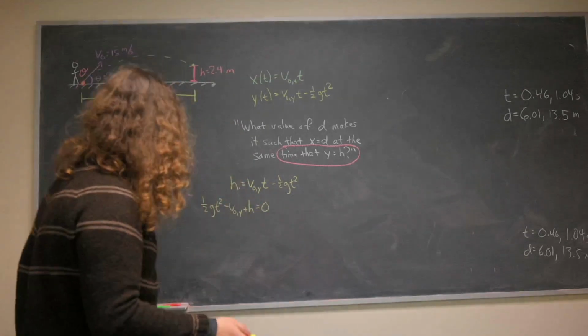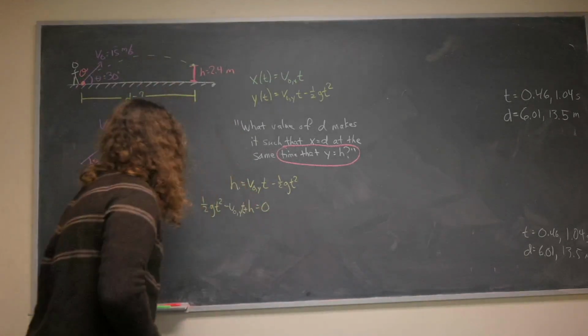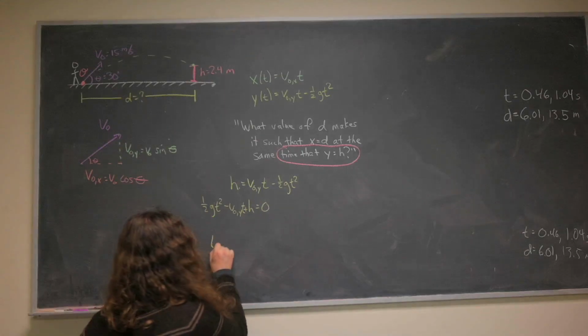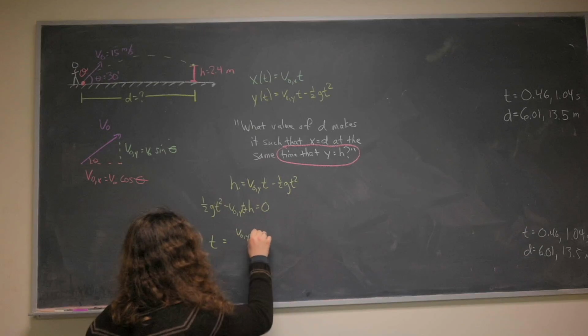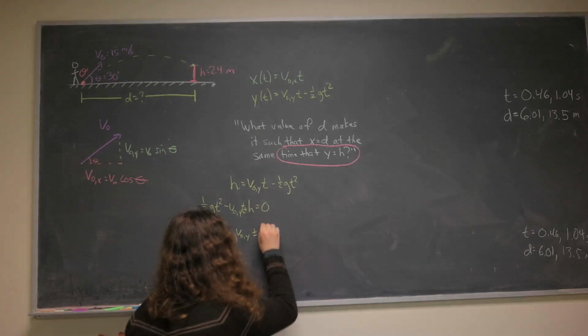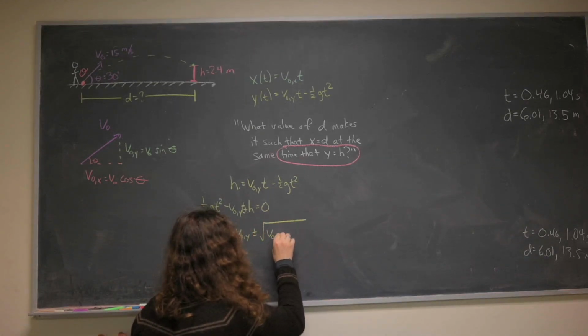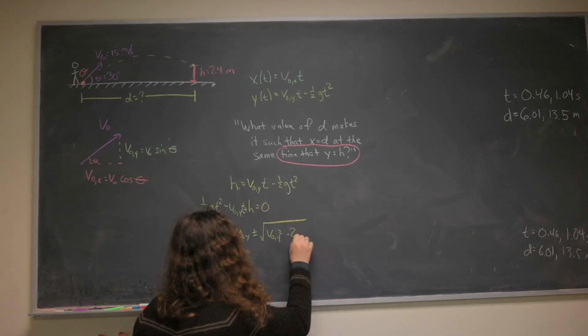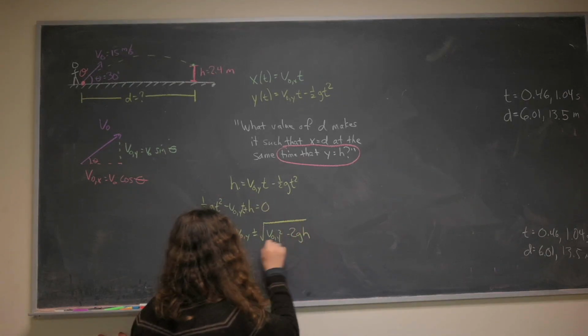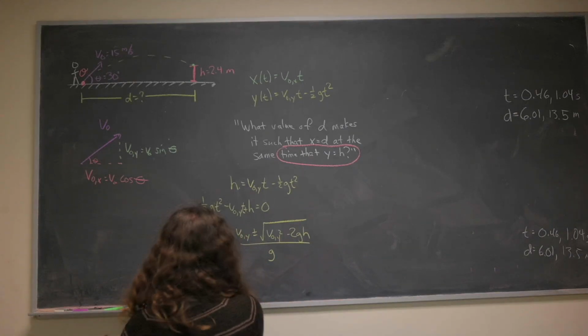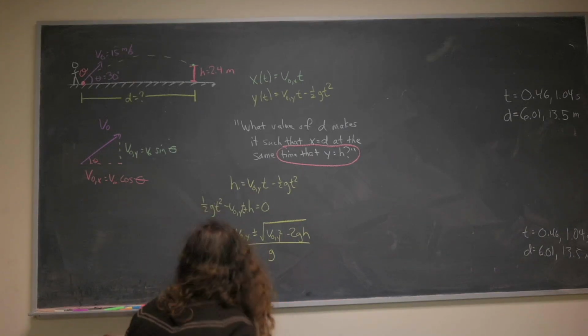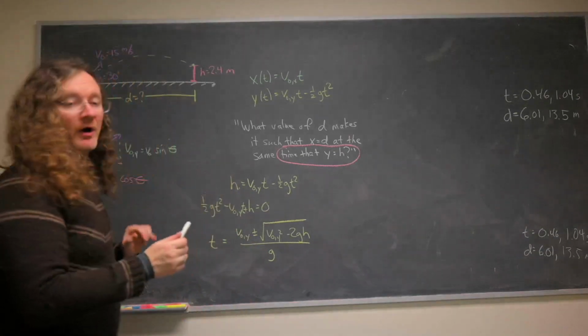This is a quadratic equation, so I have t equals v naught y plus or minus the square root of v naught y squared minus 2 g h, all over g. And v naught y is, of course, v naught sine theta.